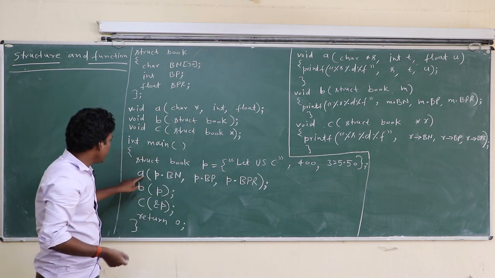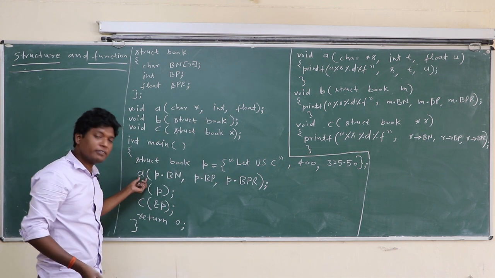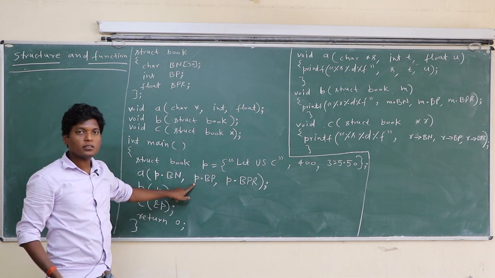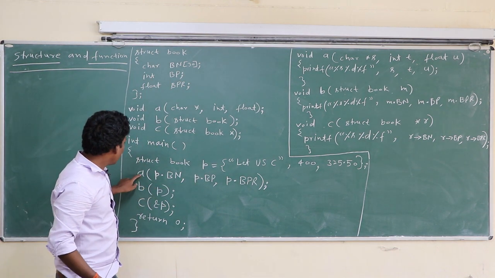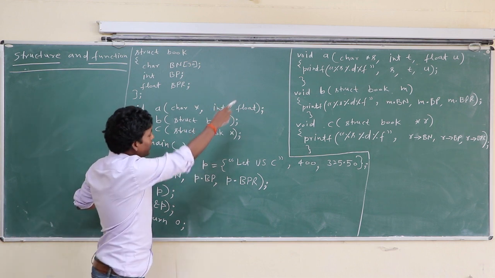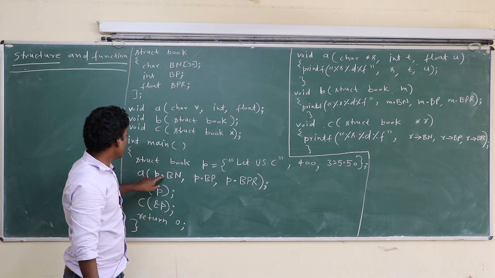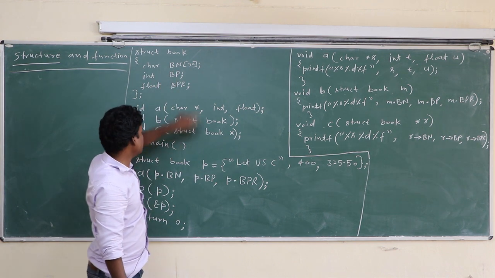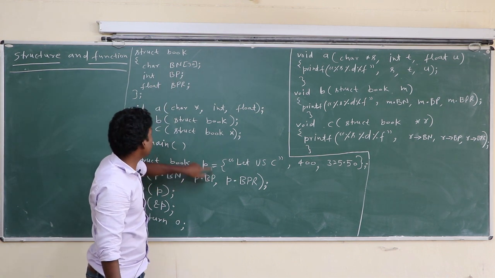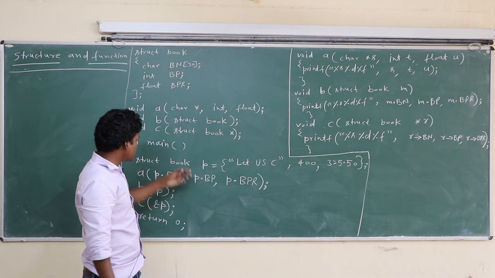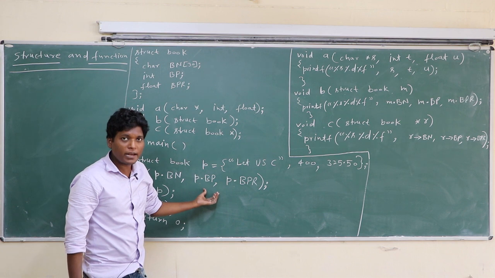So class, when we are calling function A, structure elements are passing. You can see P dot Bn is passed here, Bp is passed here, Bpr is passed here. Here structure elements are passed, not the variable.